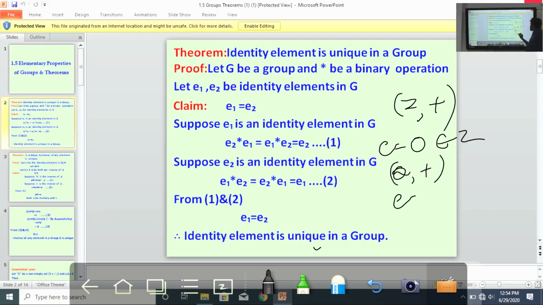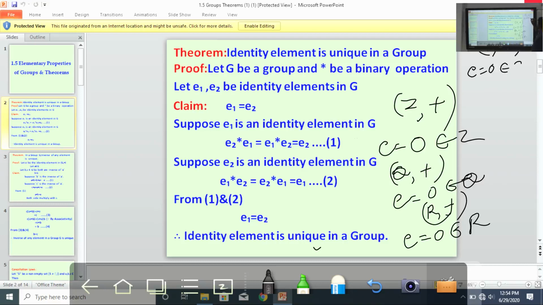Here also 0 is the identity element in Q. What is the identity element in R plus? Clearly E equal to 0 is the only identity element in R. Come to C plus. What is the identity element? E equal to 0 is the only identity element in C. So identity element is unique, right?